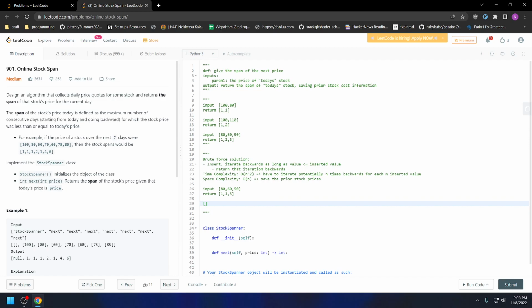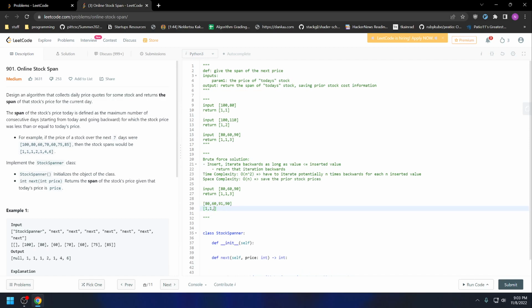I'm thinking out loud here. 60, 90, or 70, 90. Let's say this is 80. Since my 90 is greater than 80, can I correctly assume that everything in between will be less than 80? No, not necessarily. This could be 91, and then the span here would be 1, 1, 2, 1. So that's not exactly the answer either.